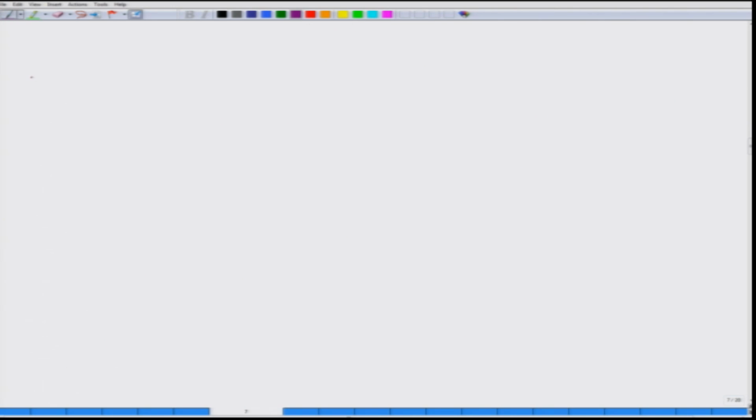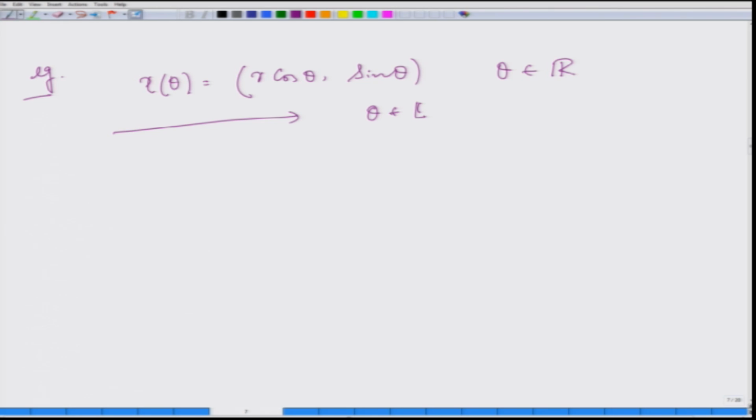For instance, example, if you look at this curve, gamma theta equal to r cos theta, r sin theta, theta in R, what will it give us? For theta in 0 to 2 pi, this will give us a circle.